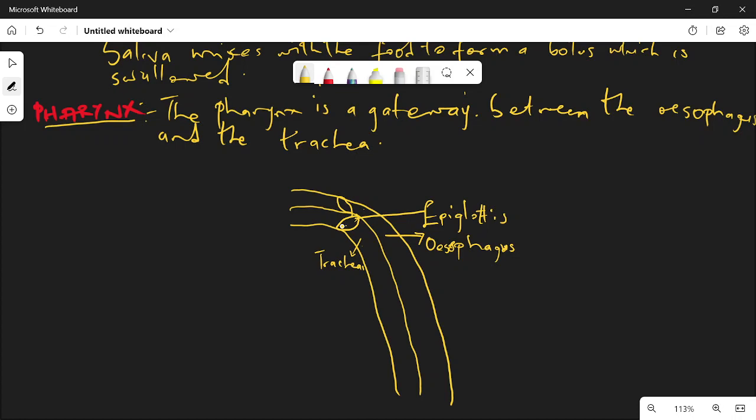So the function of the pharynx is to create an opening for the esophagus so that the food we are swallowing goes into the esophagus. Now, at this point, I need you to understand, some of us might have experienced it, and that is the reason why sometimes when we are eating, we get choked on what we are eating, and it sometimes comes out through our nose.